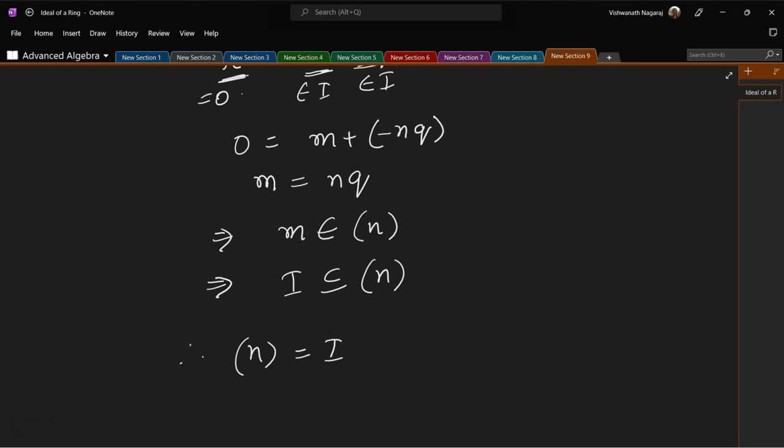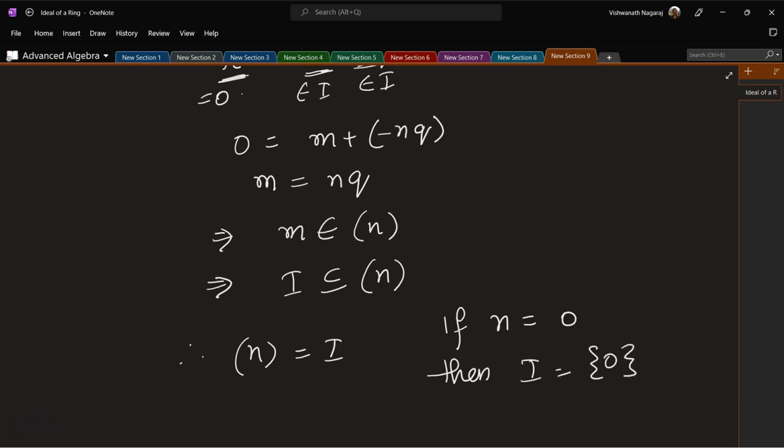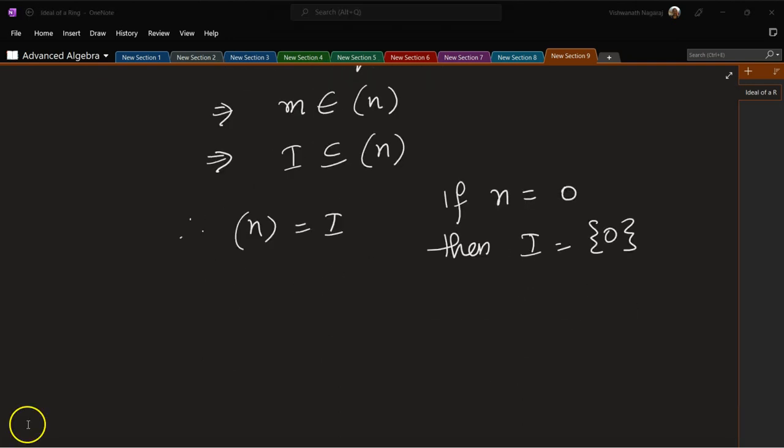It is not 0. If N is equal to 0, then the ideal would be the set containing only 0. So this is our 0 ideal.